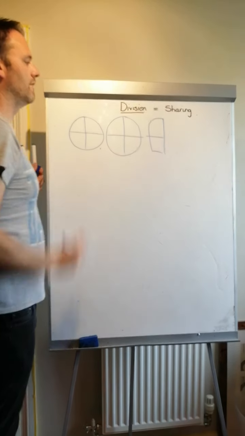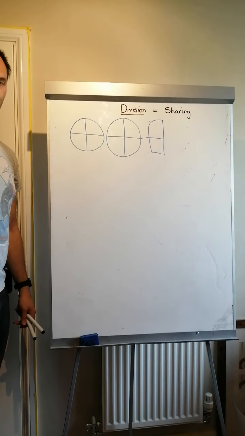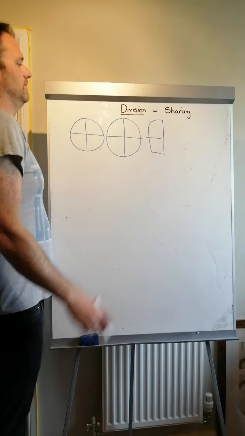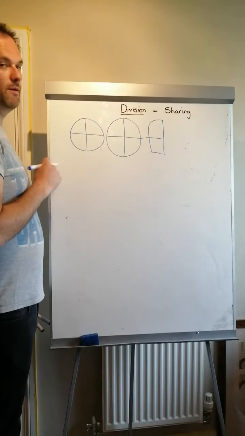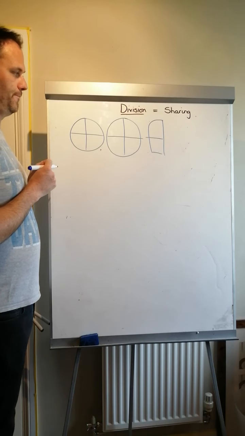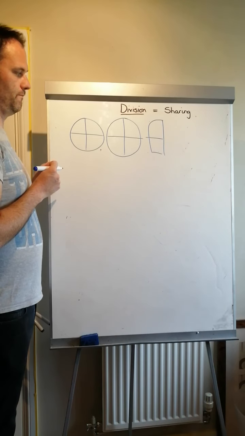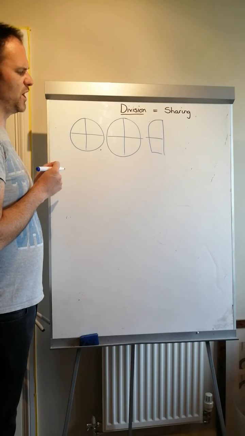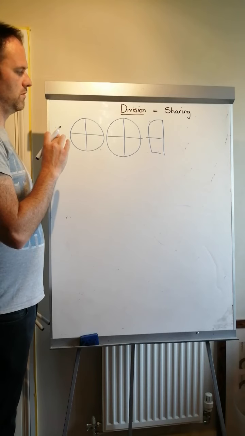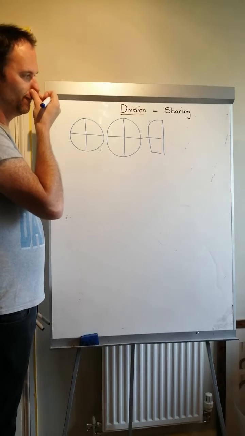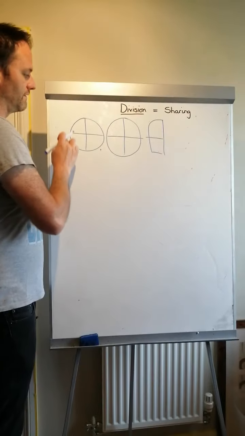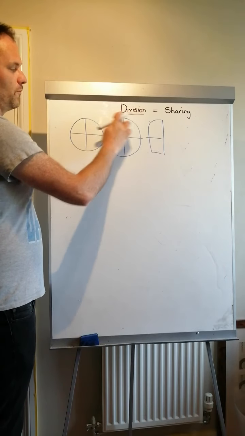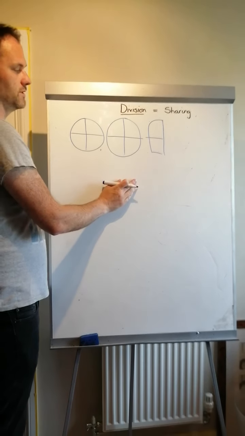Okay, I've got some pizza. I've got 2.5 pizzas and I want to share it between, no, not 4 people, 5 people. So what I've done is I've split each pizza up into quarters.